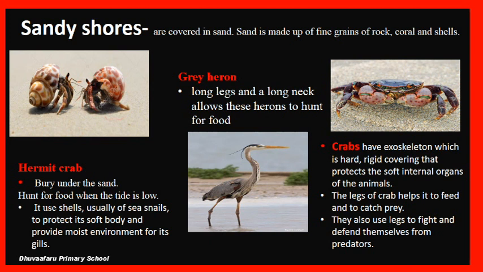It uses shells, usually of sea snails, to protect its soft body and provide a moist environment for its gills. Crabs have an exoskeleton, which is a very hard, rigid cover that protects the soft internal organs of this animal. The legs of crabs help it to feed and to catch prey. They also use their legs to fight and defend themselves from predators.